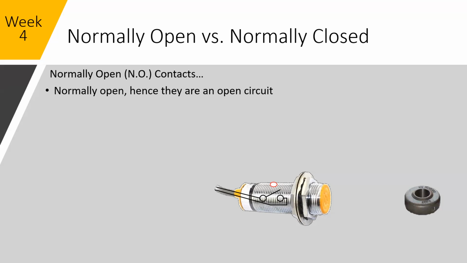So the circuit is not complete, whether that be the example on the screen here is a proximity sensor. You can see that the switch here is open. So hence normally open. So in their normal state, your digital input would be off or 0, or if you're looking for voltage, it would be 0.